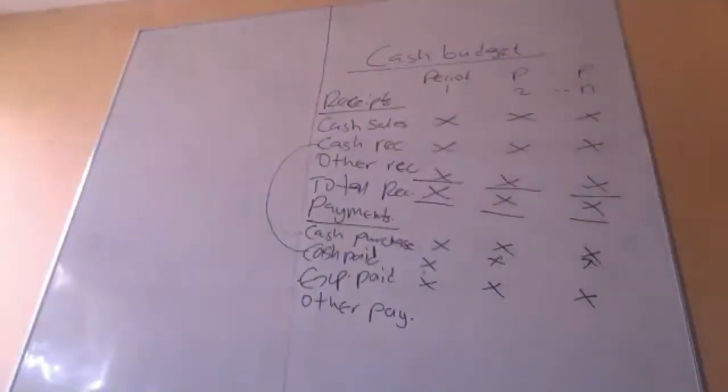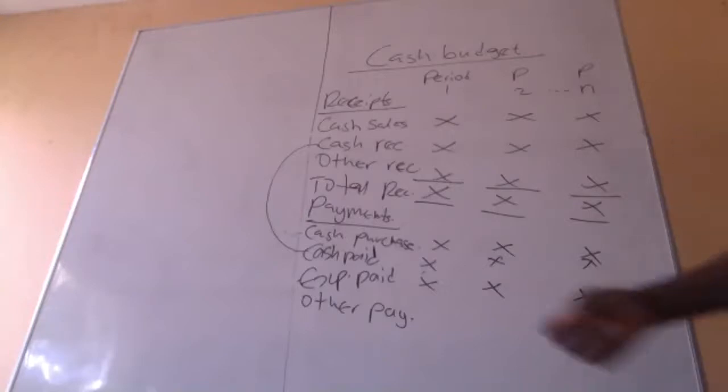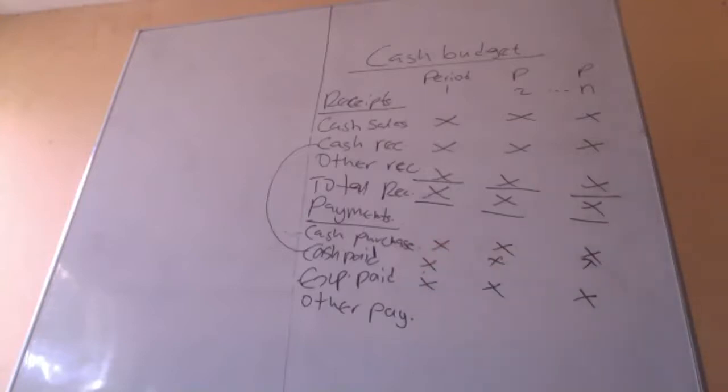So other payments include any payment that you do aside from these three items. It includes repayment of loan, acquisition of non-current assets. Anytime you buy non-current assets, it forms part of the other payment.